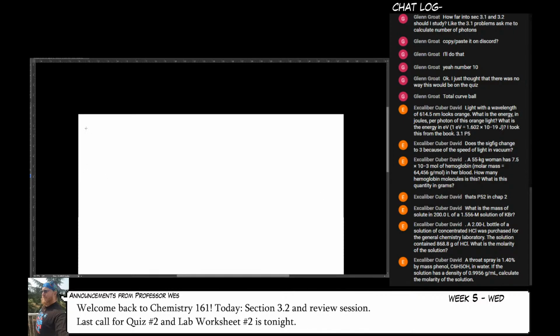Percent by mass is mass of solute over mass of solution times 100%. And molarity is moles of solute over liters of solution.